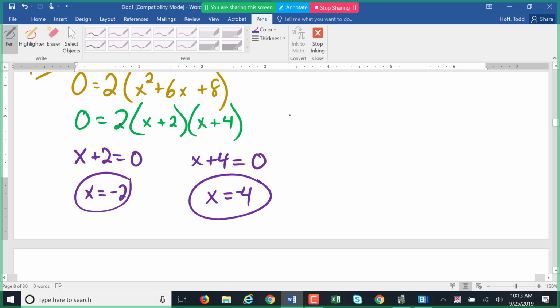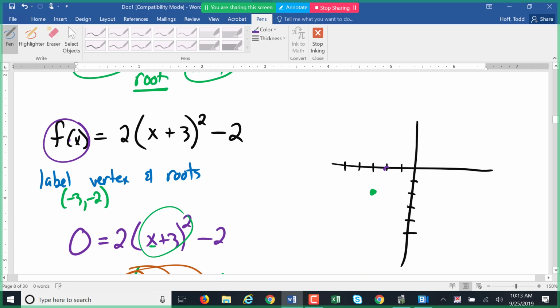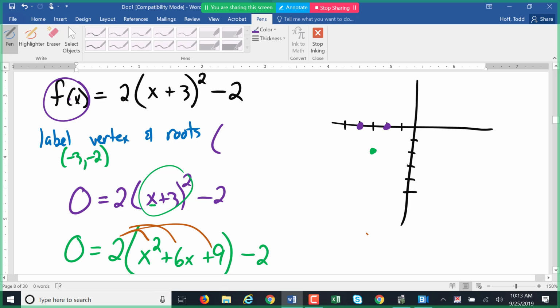So those are the roots at -2 and -4. So there's -2 on the x-axis, there's -4. Those are the roots: (-4, 0) and (-2, 0). And we get a graph that's a little bit narrower than the last one.